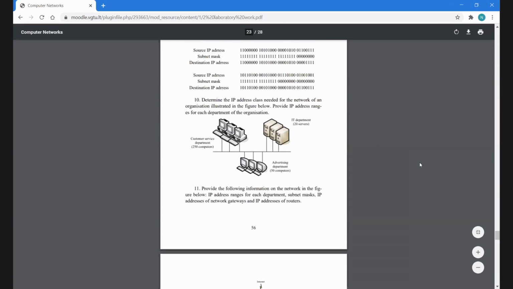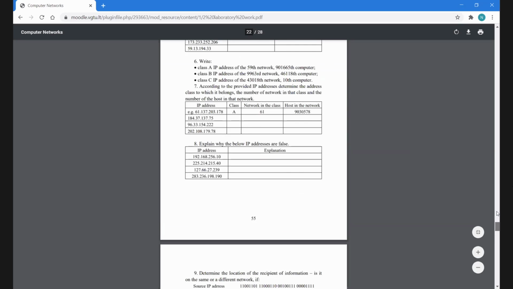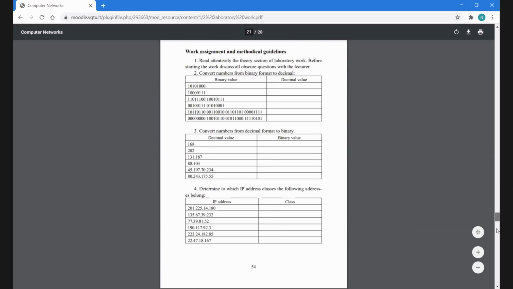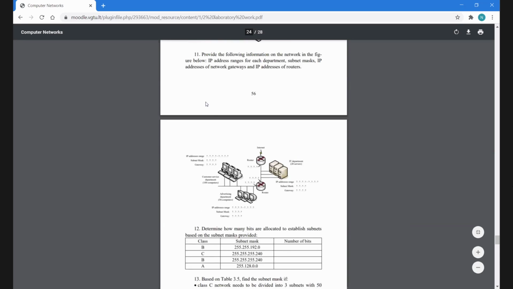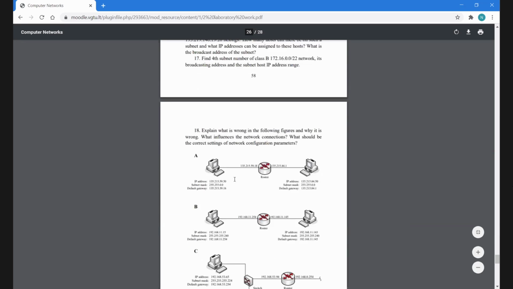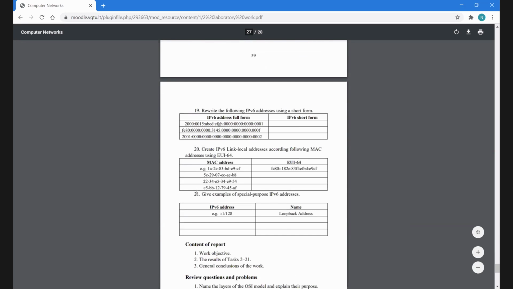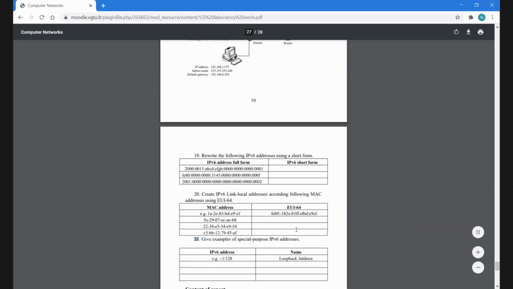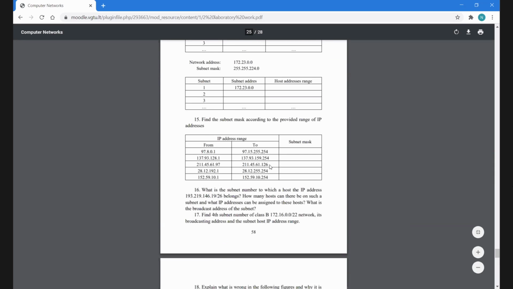For the first part, you should have already finished up to task 11, and for the second part you need to finish all tasks from 12 to the final, 21. So you need to do these tasks.